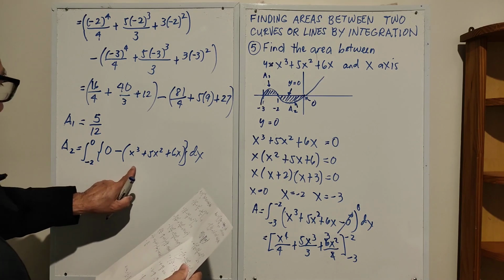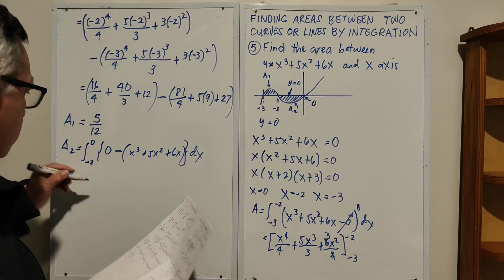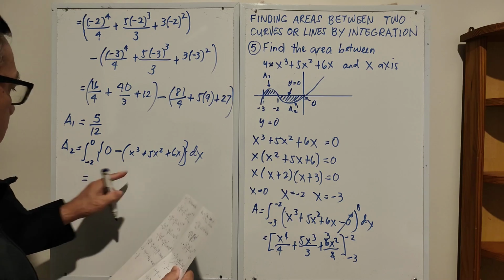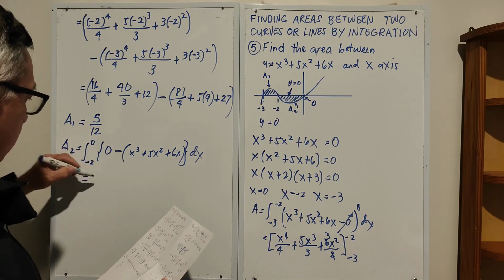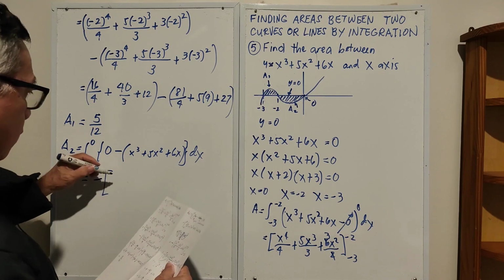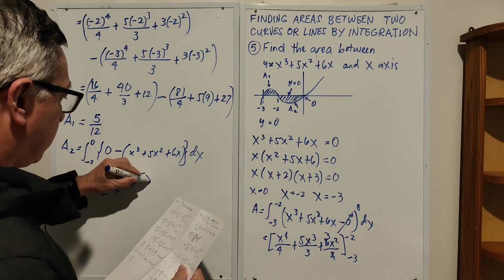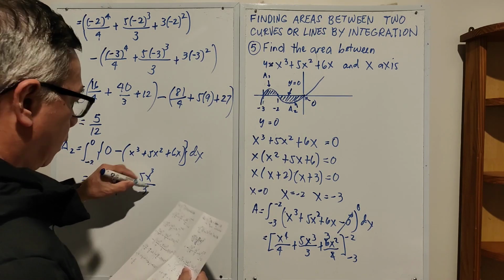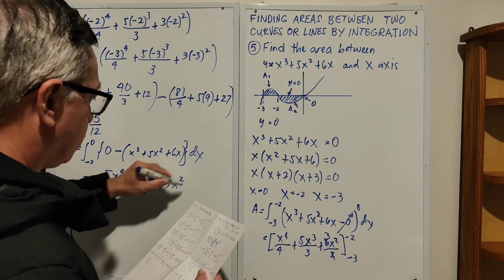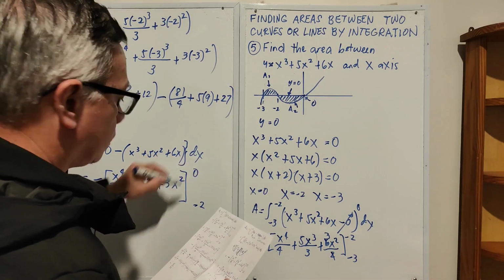So we can eliminate 0. Integrating this one, we'll just retain the negative here. This would be x to the 4th over 4 plus 5x cubed over 3 plus, I'll do a shortcut, 3x squared, evaluated from negative 2 to 0.